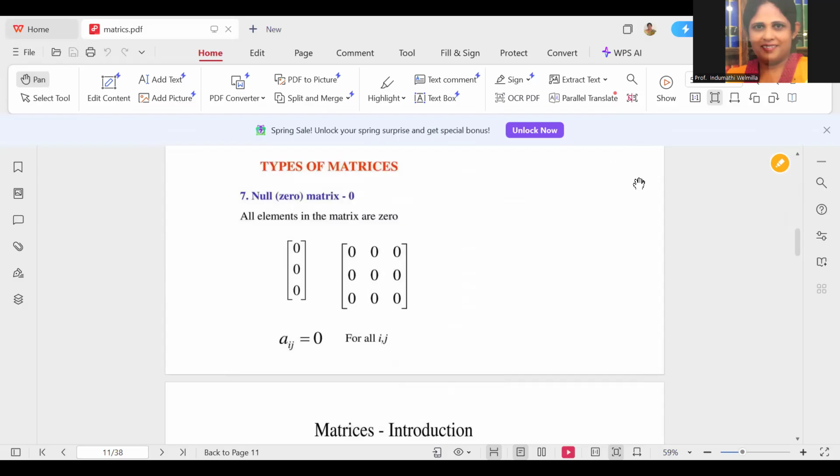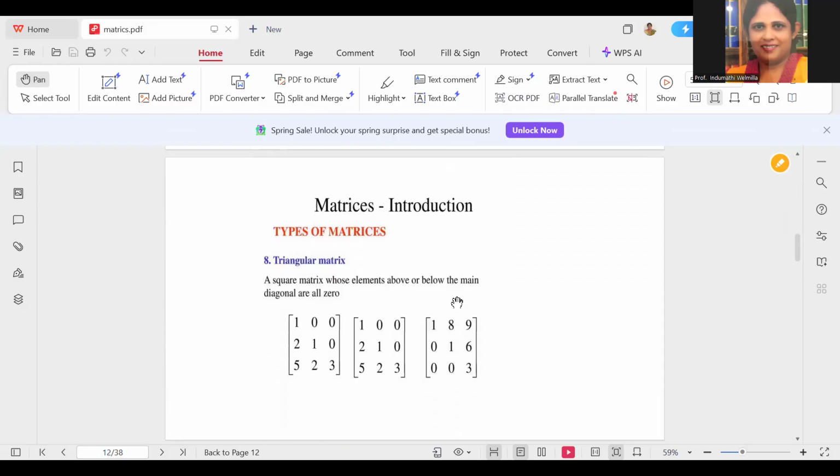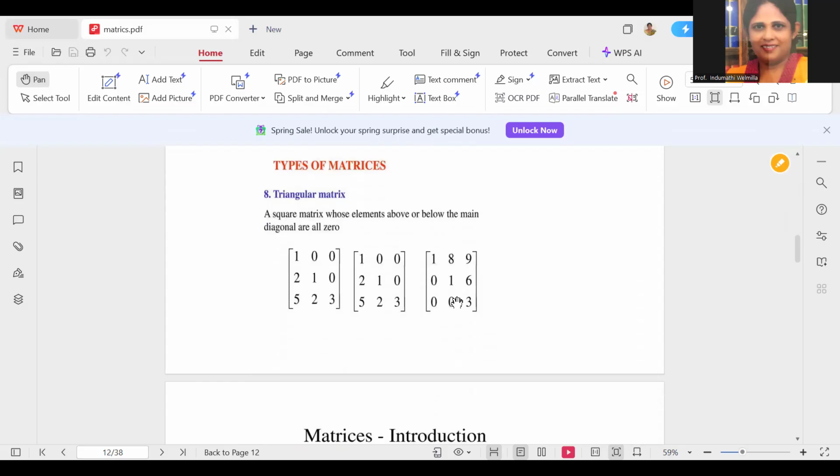Then we can move to another type of matrix, the triangular matrix. A triangular matrix means a square matrix whose elements above or below the main diagonal are all zero, on any one side. I'll show you the diagonal here.